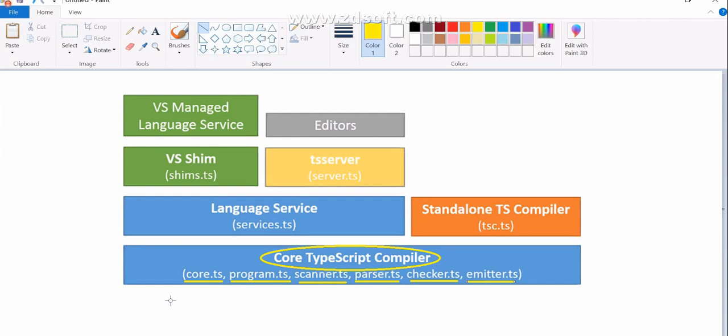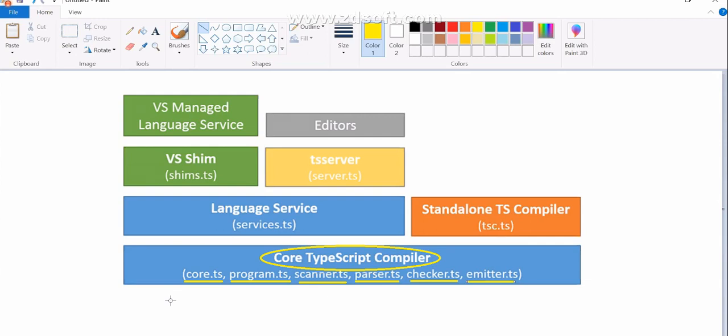Emitter is responsible for handling the output activities. So the core compiler is responsible for verifying the TypeScript code that you have written and reporting the problems in the code.